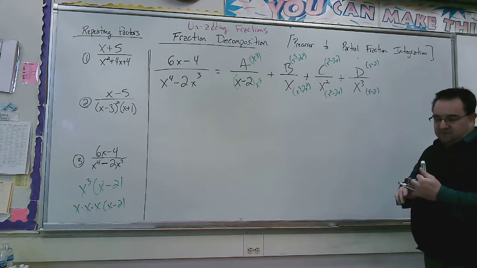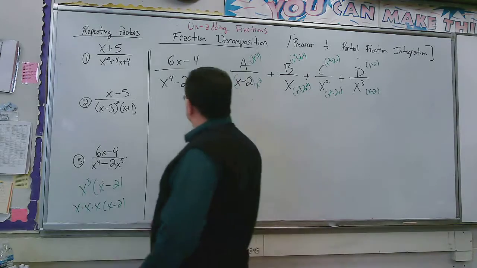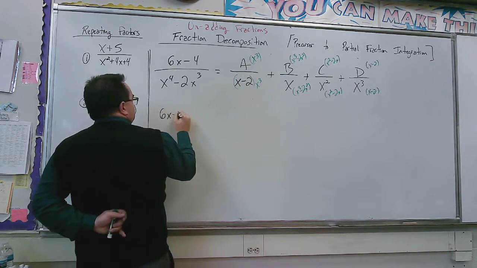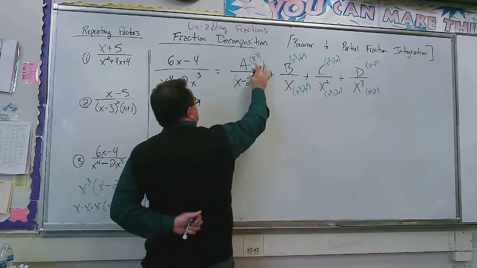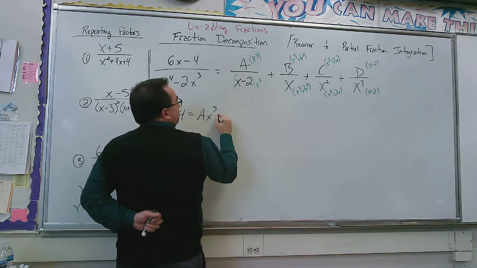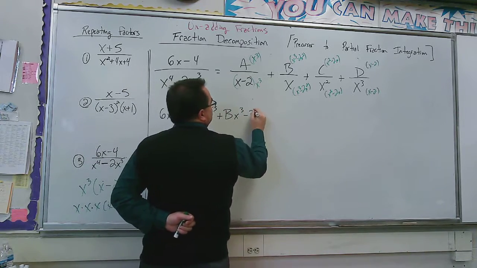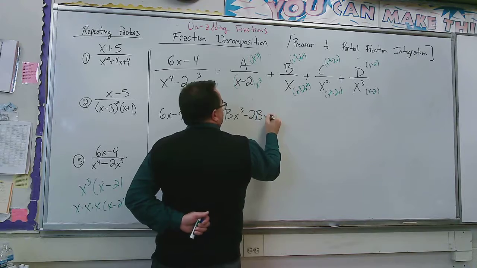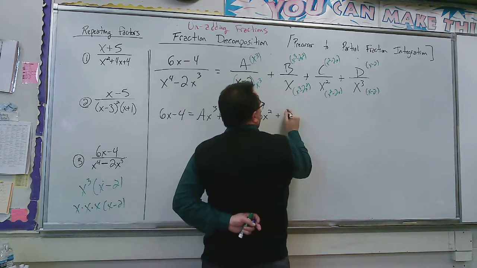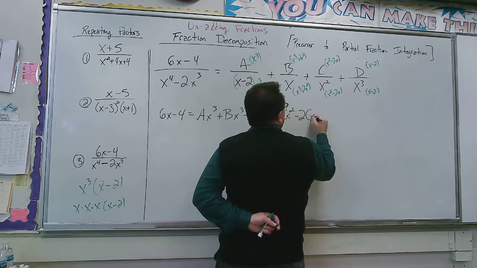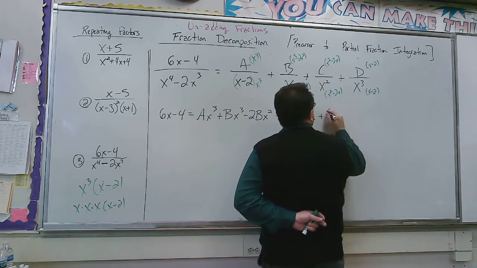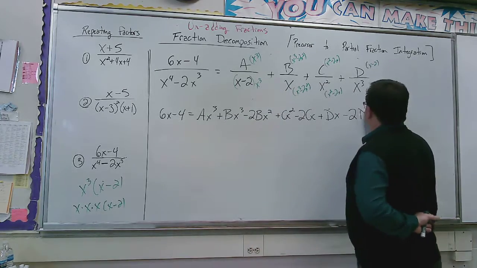All right, so now we've got to just plow through the algebra. This numerator has to be equivalent to bx cubed minus 2bx squared plus cx squared minus 2cx plus dx minus 2d.